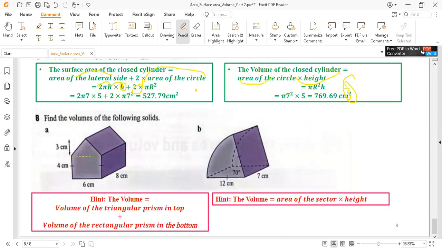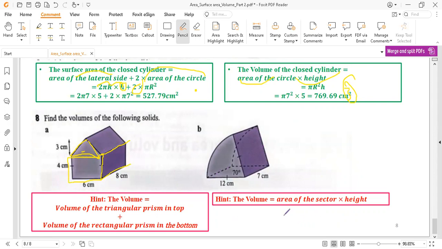In the top, we can calculate the volume of a triangular prism, using this shape as the base and this one as the height. And in the bottom, we have a rectangular prism with all the dimensions clear. We have a 4, a 6, and an 8, and we can use this base and the height equal to 8 centimeters.